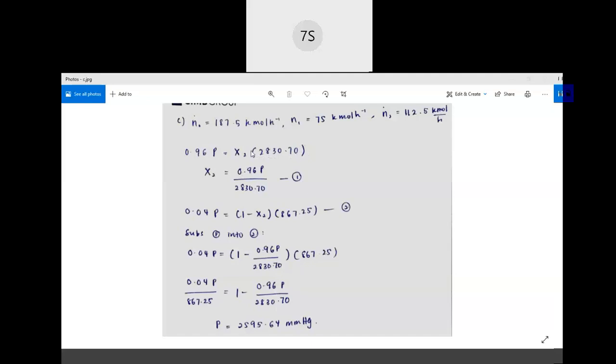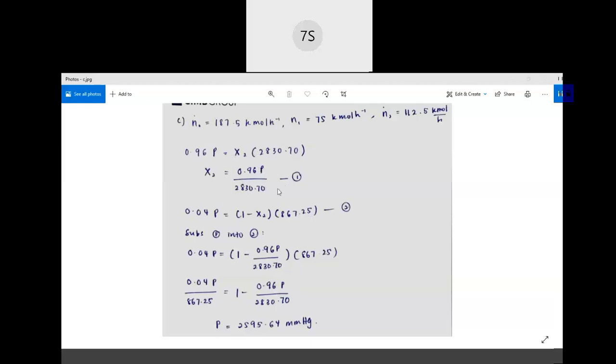And we got this from Armin's part. Then we use the composition of X2 as the unknown. Okay. And that's the first equation.